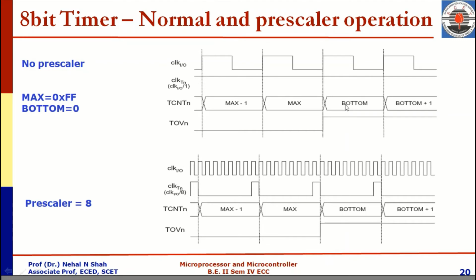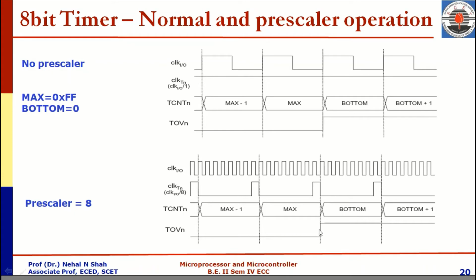We can say the timer rolls over. So again from the bottom, it is counting in the upward direction. From minimum value 0, with every clock pulse 1 will be added and the count will be incremented. Again it will reach max and the process will be repeated.